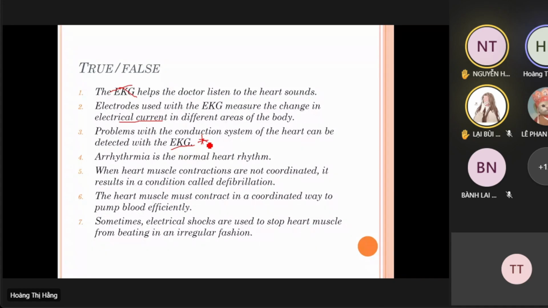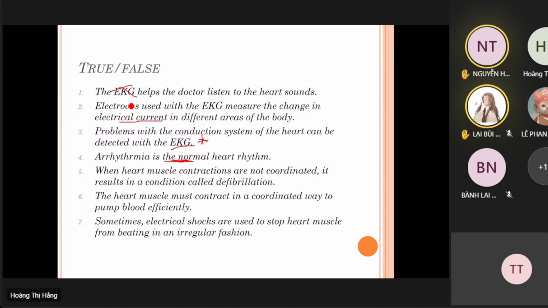Number 4. That's wrong. Can you correct it? Arrhythmia is the... Trọng. It's an abnormal heart rhythm. That's it. Abnormal. 5.